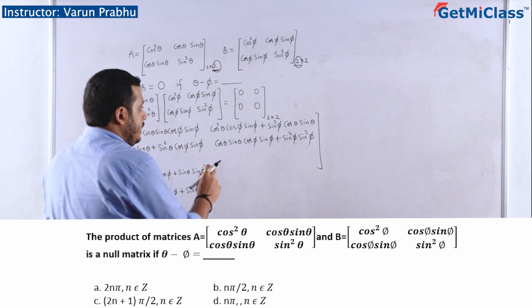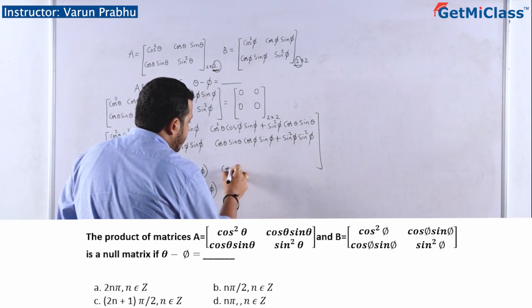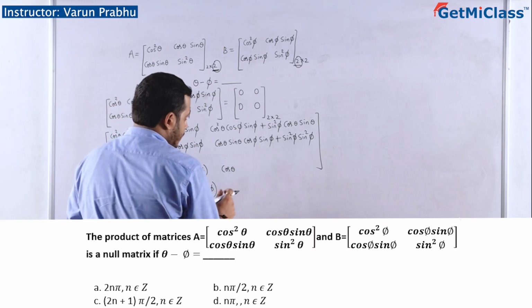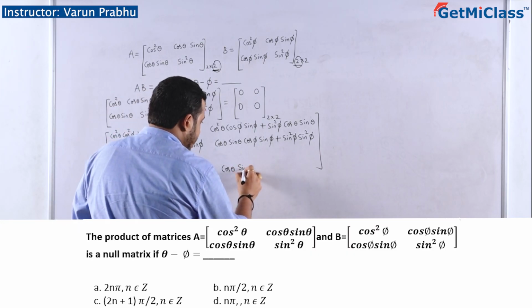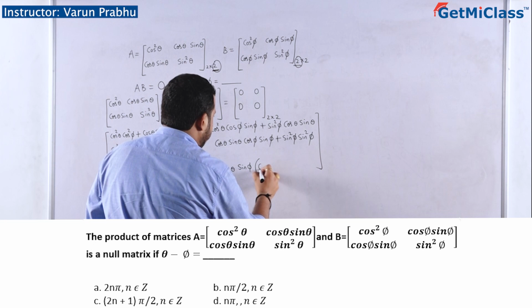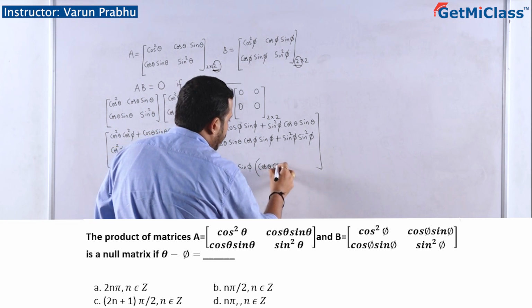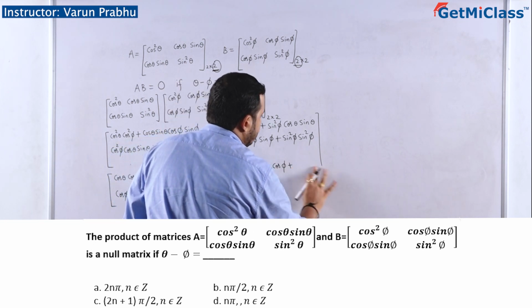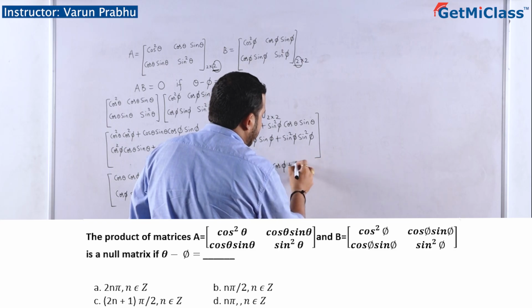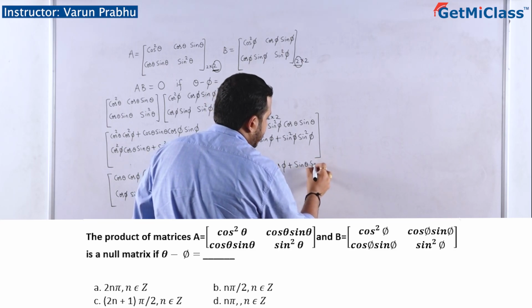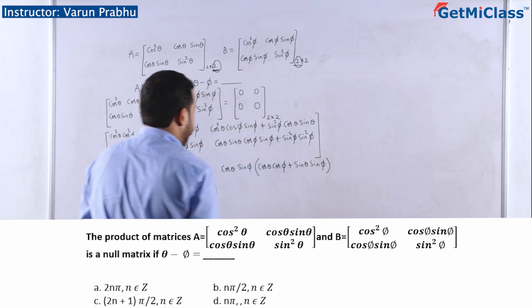Even in the next case, if I take out cos theta and sin phi, what we are left with is cos theta cos phi plus sin theta sin phi.